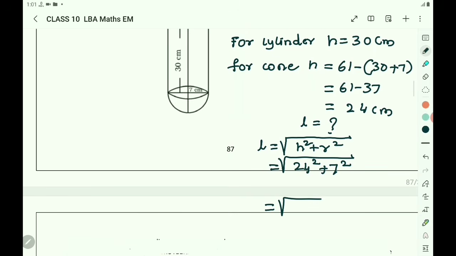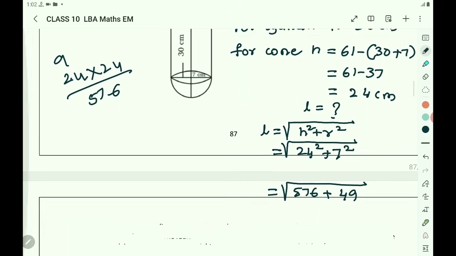Equals 24 square is 24 into 24, which is 576, plus 7 square is 7 into 7, which is equals to 49.